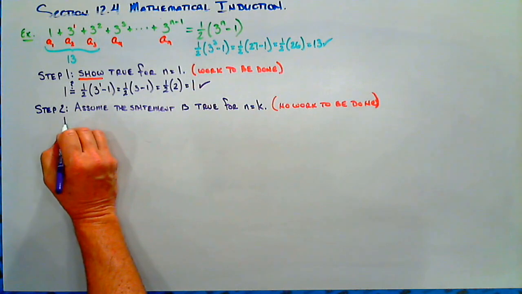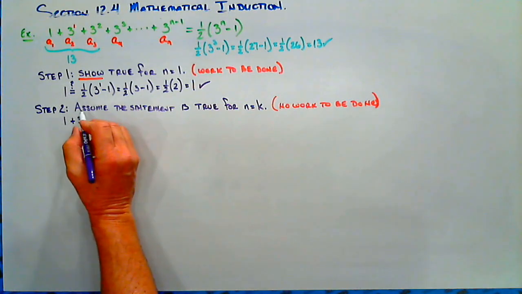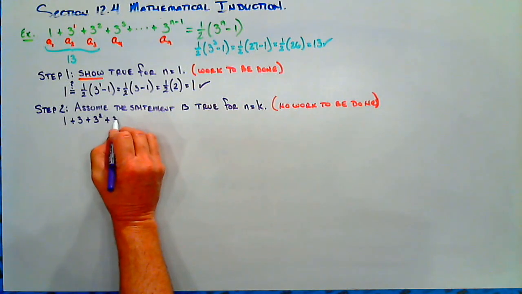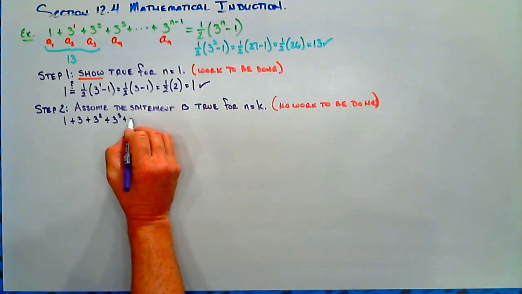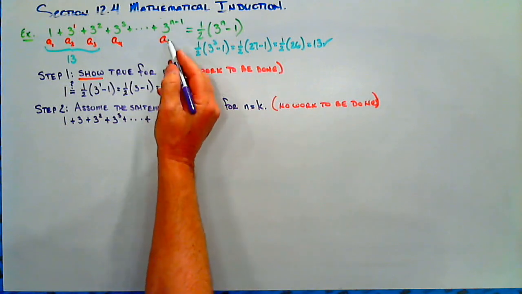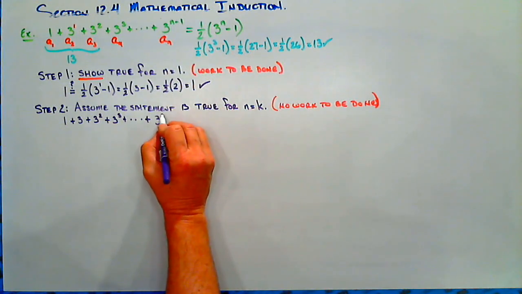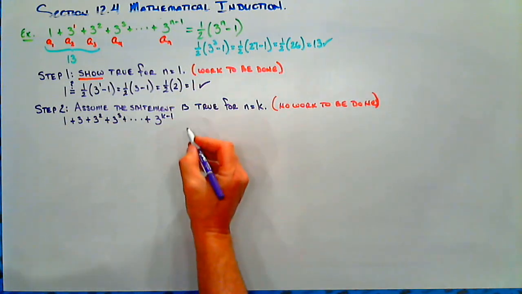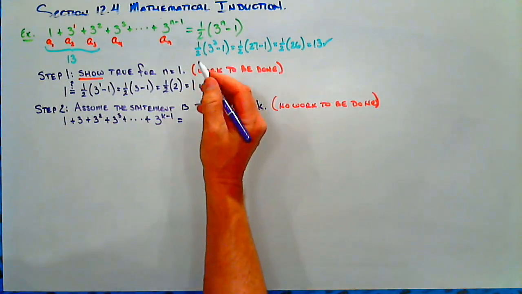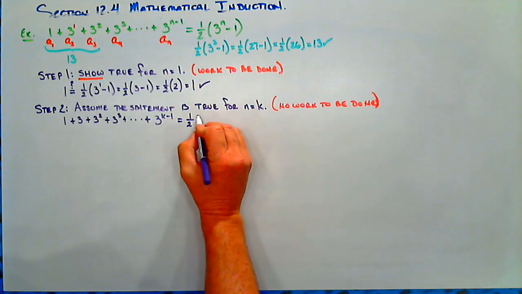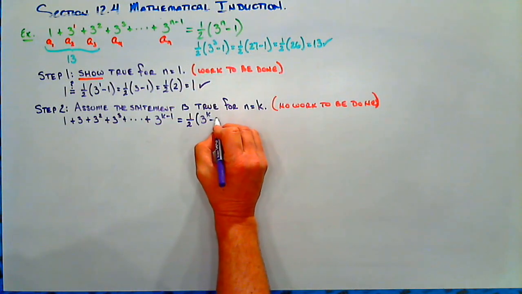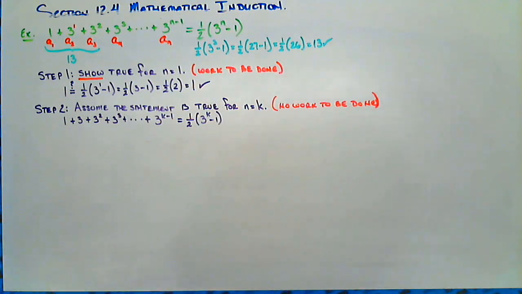So what do we know? We know 1 plus 3 plus 3 squared plus 3 cubed plus all the way up to what I would get if I plugged in k. I'm assuming that's equal to this.